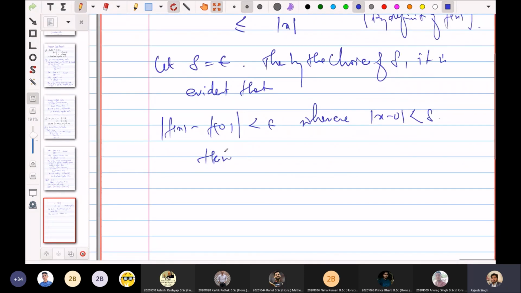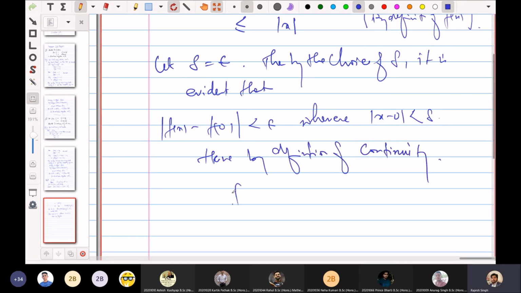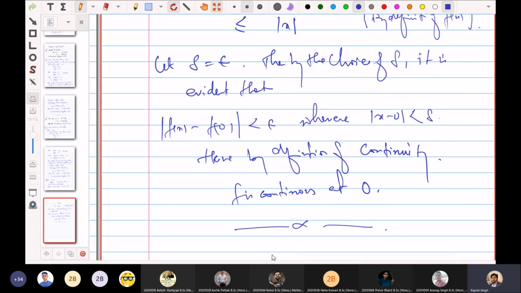Hence, by the definition of continuity, f is continuous at 0. So we are just repeating the proof of what we did in limits. Any question can come, and we have to do the same thing, nothing different.